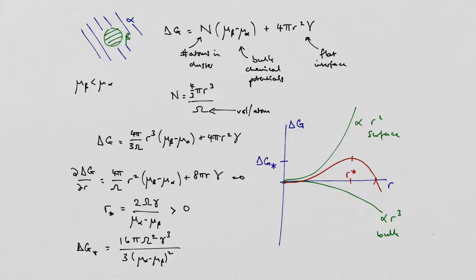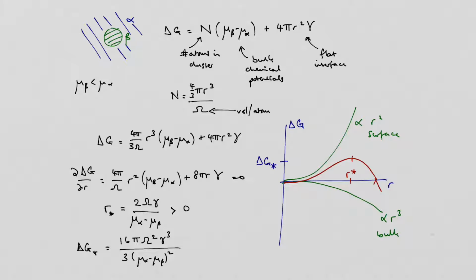Why is mu alpha larger than mu beta? Because we're assuming that we're under conditions of pressure and temperature where the formation of beta is something that we would like to happen thermodynamically.